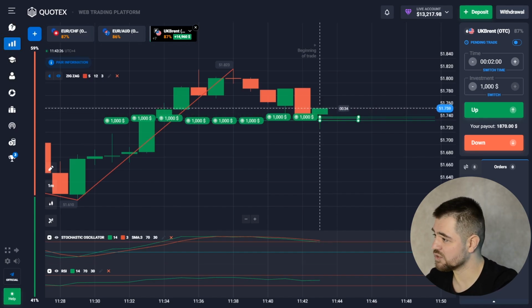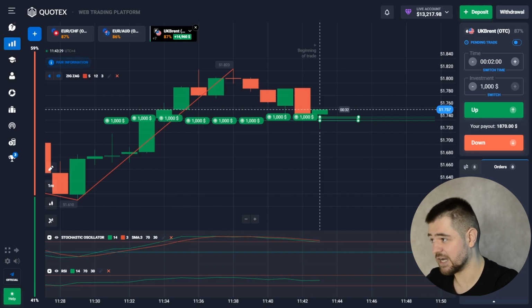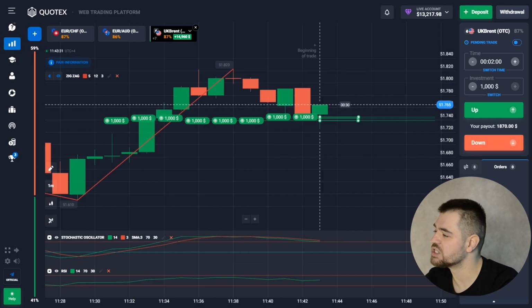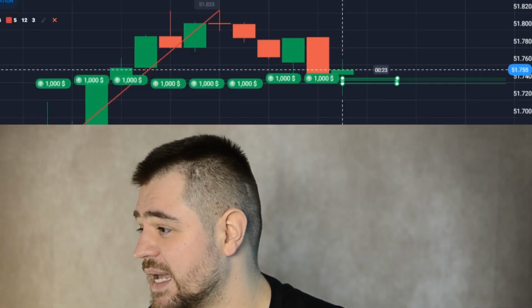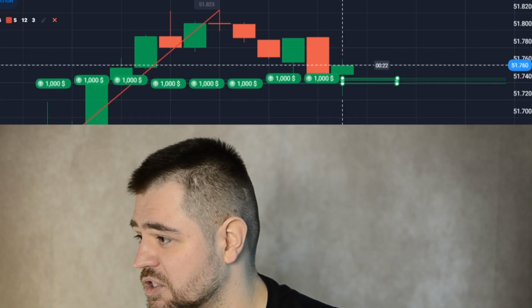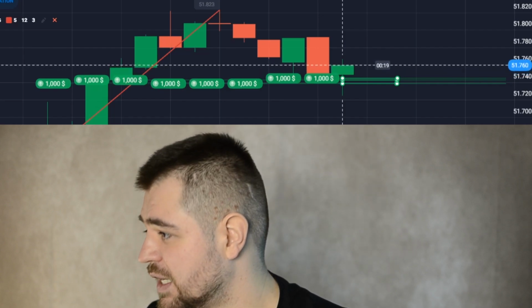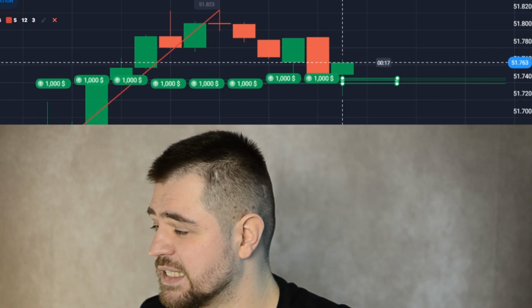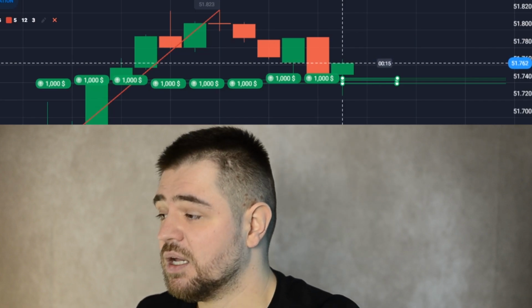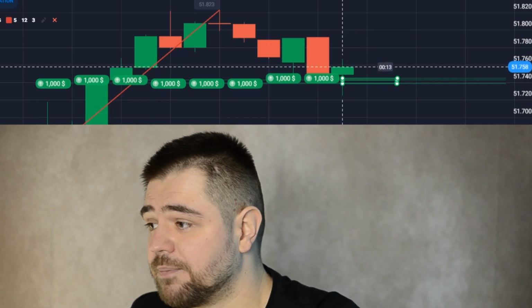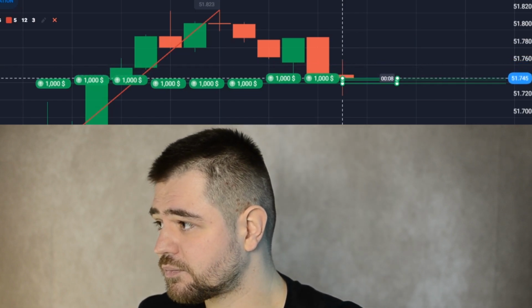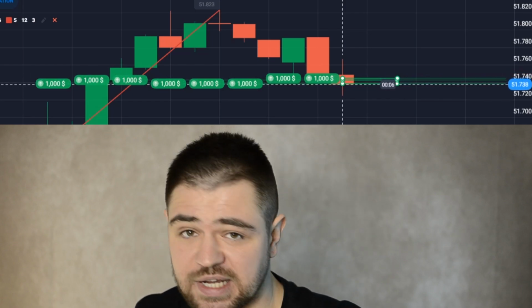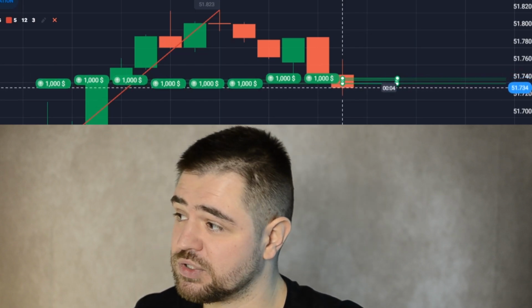So maybe we consider this as a kind of a pullback or similar, but basically this is it, because there's also a support level, so a line in the, let's say, maximums area, the 70 and 30 lines of the two areas, overbought and oversold.